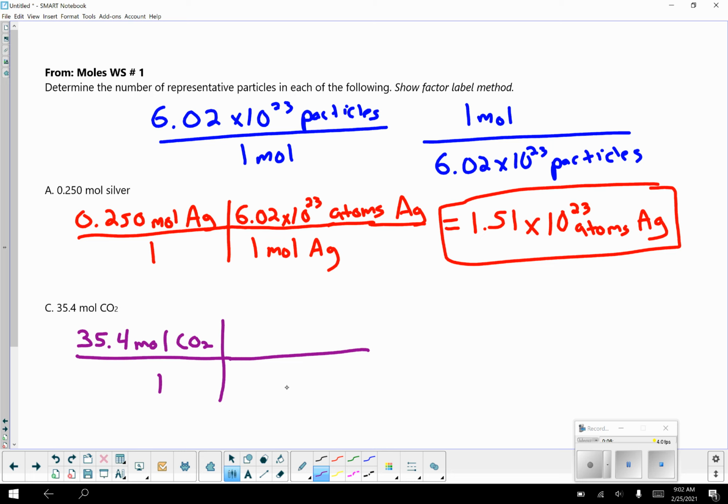We're going to want moles of CO2 on the bottom because that's what we want to get rid of. So in this case, it's going to be 1 mole of CO2, and 1 mole of CO2 is 6.02 times 10 to the 23rd. Now again, we have to look at what type of particle. This is a molecular compound. CO2 is made of 2 nonmetals, so it's a molecular compound. So we're going to be talking about molecules.